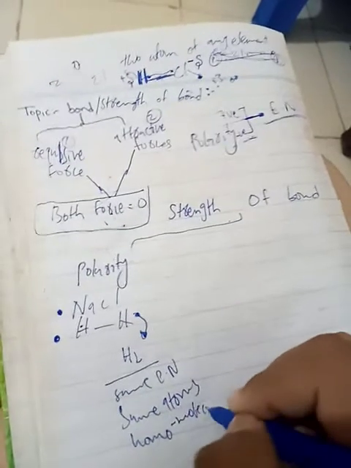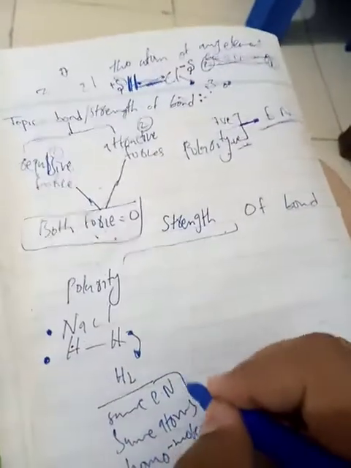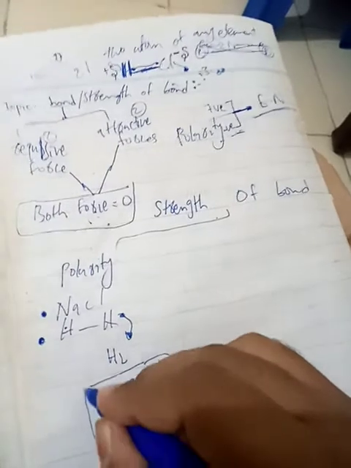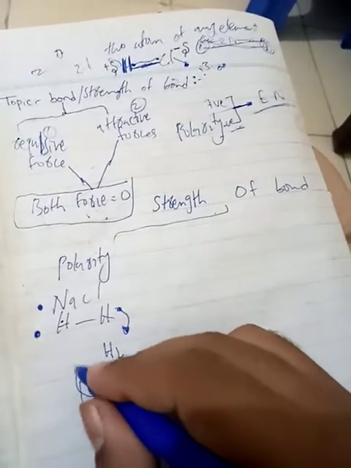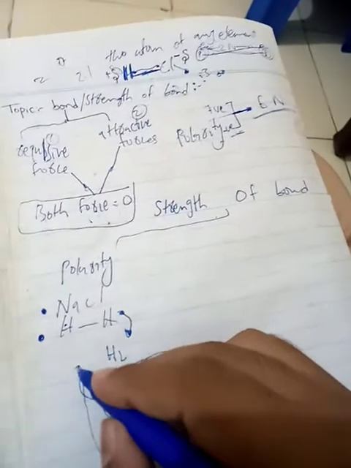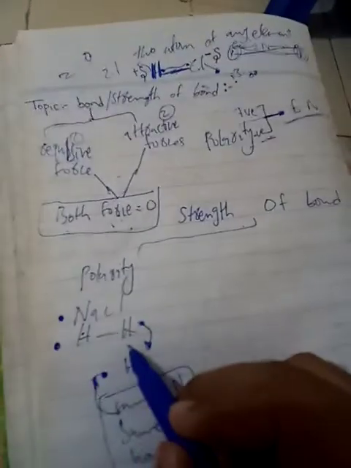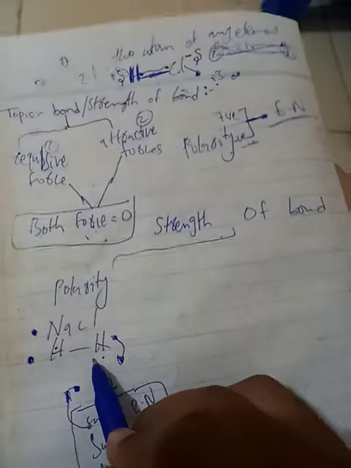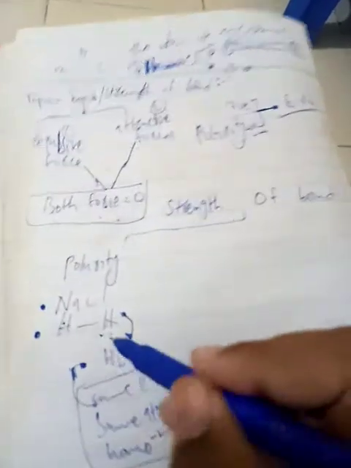Because of that, there is the same electronegativity in hydrogen. This is the main concept. So there will be no stronger bond, because no charges will appear on the H2 bond, and that is why this bond is a bit weaker than NaCl.